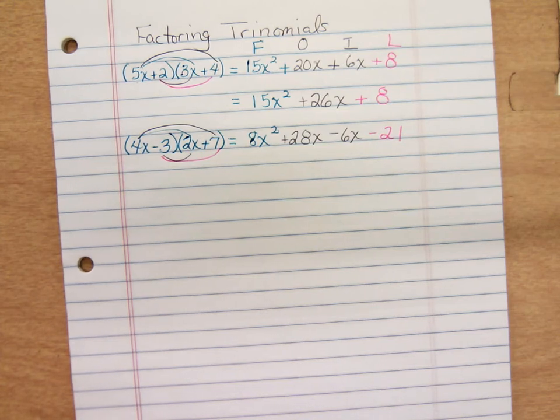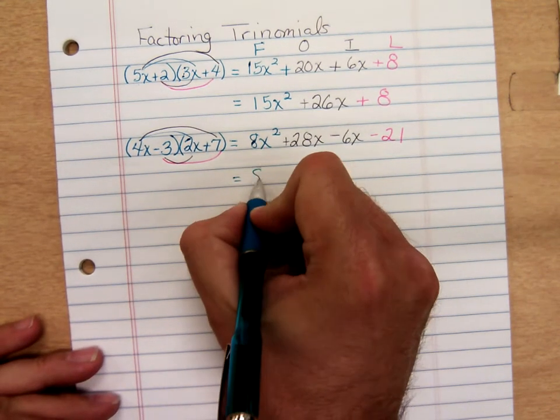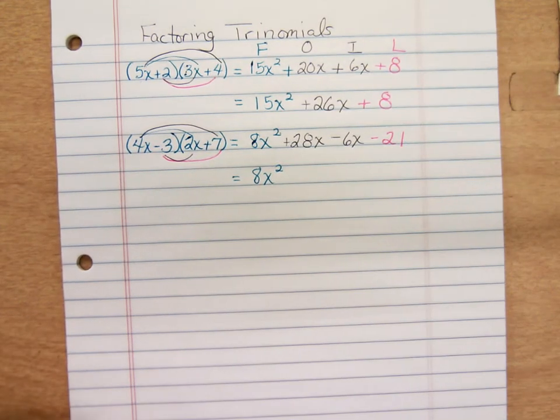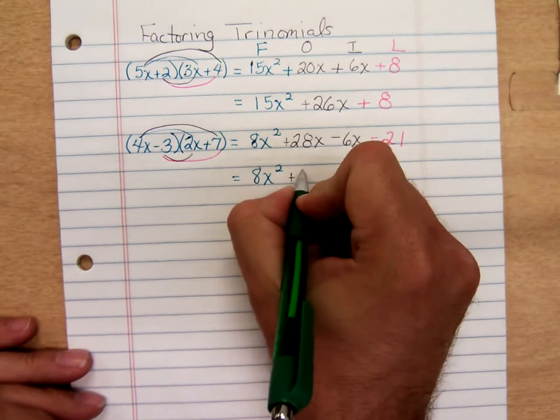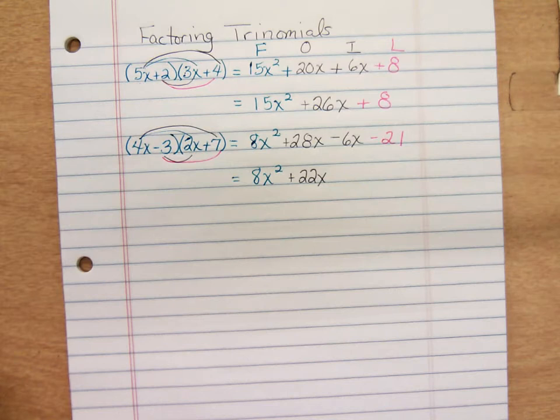Well, let's see. We can still combine some like terms, can't we? The outer and inner we can combine. So we have 8x squared, and then 28x minus 6x. That's a 22x. And then minus 21.